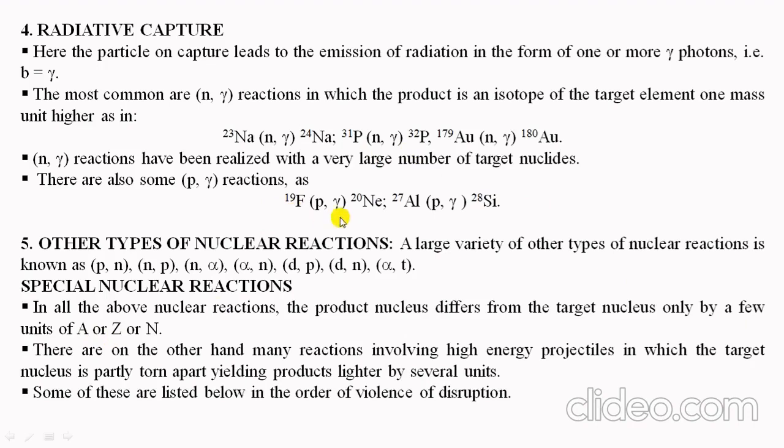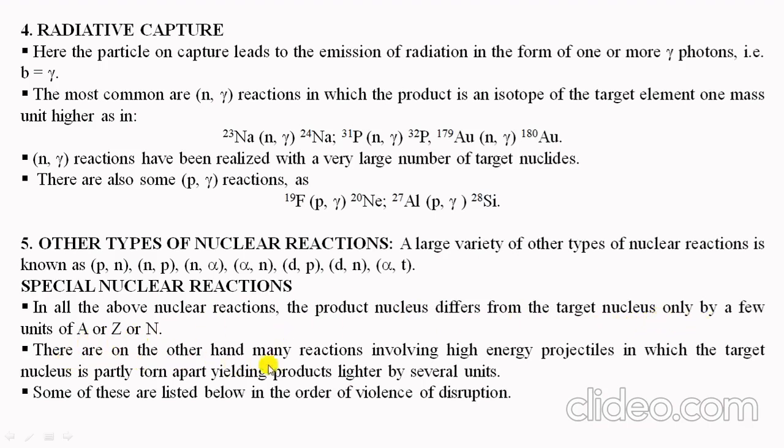The difference between product and target is only a few units of A or Z. Here the mass number difference is 1, here it is 1, here it is 1, and the atomic number difference is also very small. So we have seen only nuclear reactions having a product nucleus that differs from the target nucleus by a few units of A or Z.